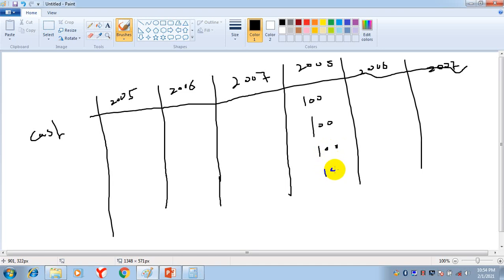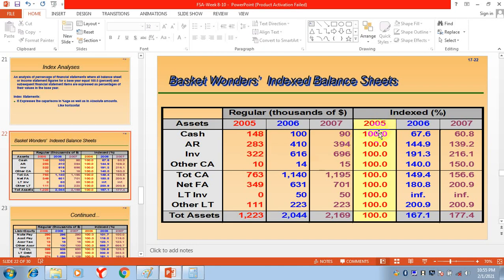All items, 20 items or 50 items, whatever the items are, we will make it 100 because we are comparing 2006 and 2007 with 2005. That's why the base year is becoming 100. Just like here, see, 2005. So all data of 2005 will be made 100%.